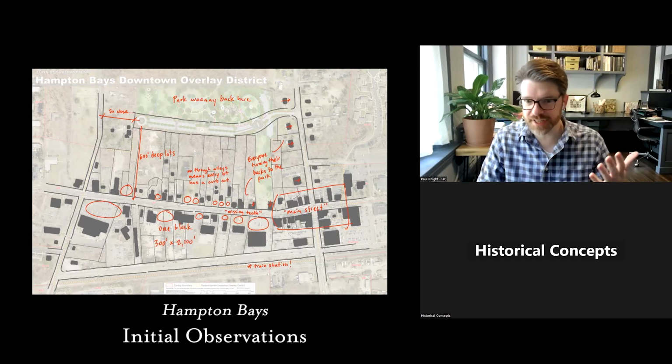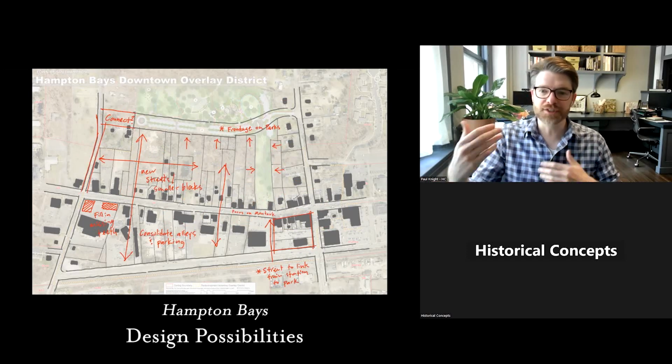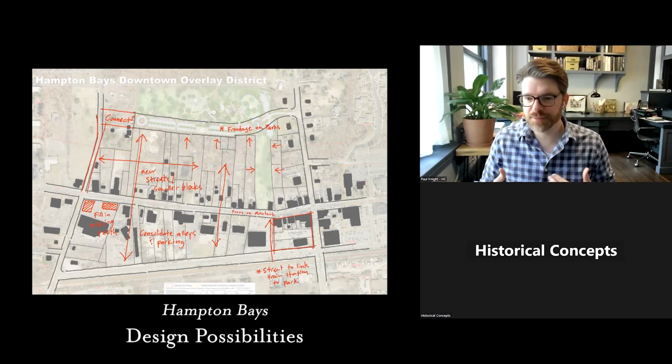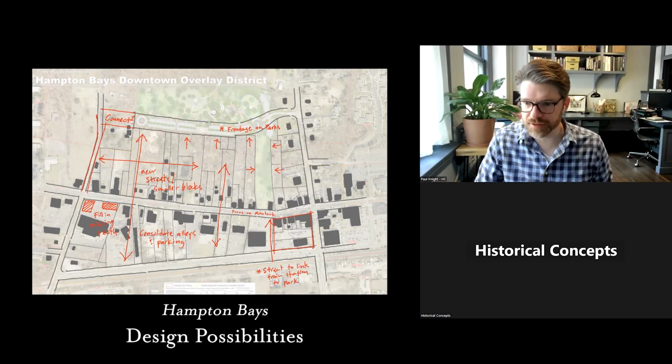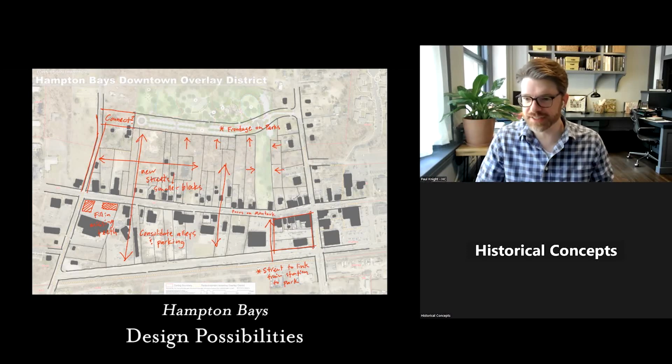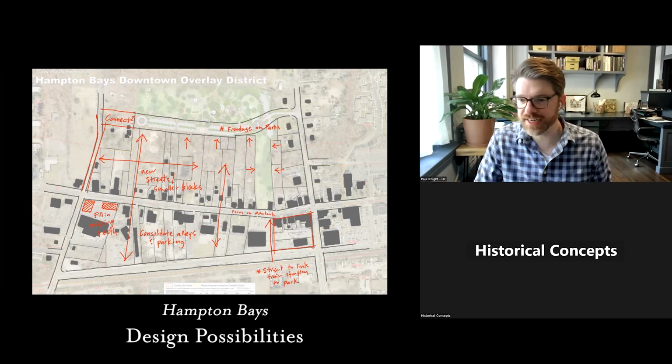Once we start thinking of those things, we start writing down, okay, what are those possibilities? If we pull in a street here, we can turn that train station into a welcoming front door to the town. That would make this a nice smaller block, more commensurate to Southampton.